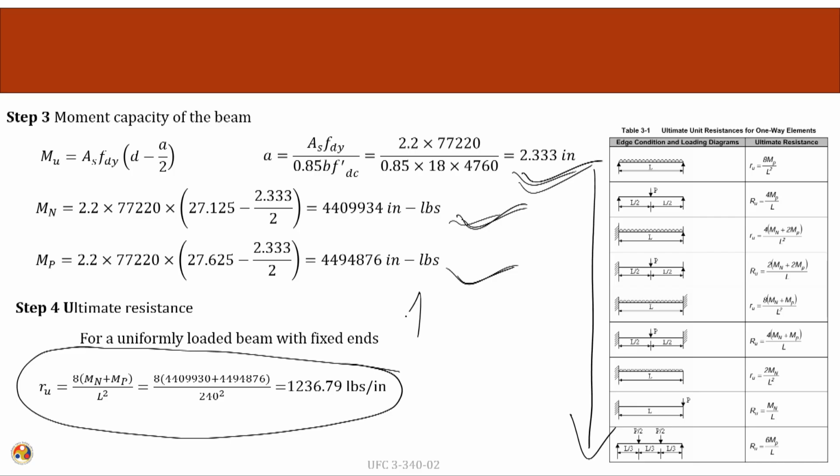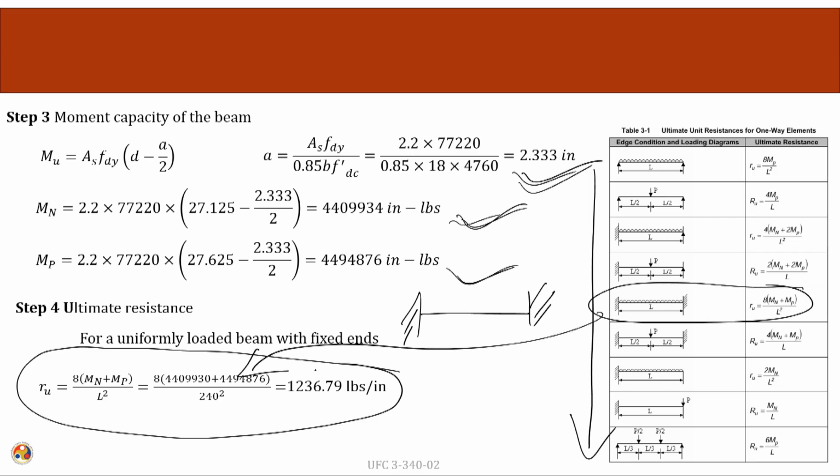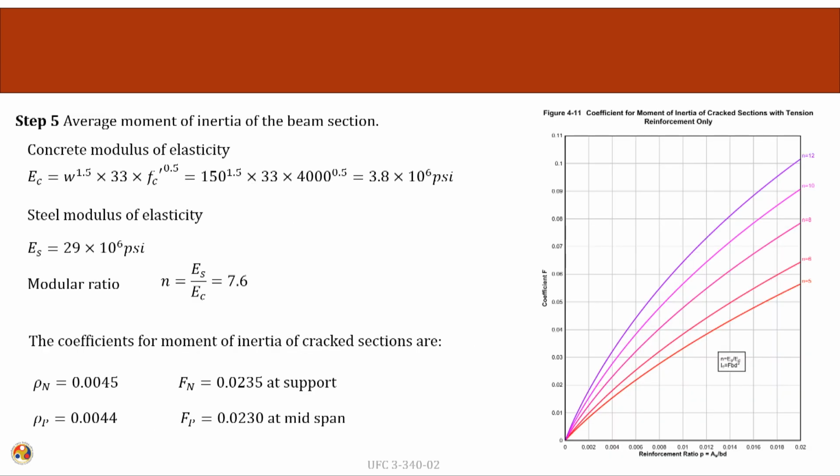In this particular case we are assuming a fixed condition. So, for a fixed condition, this is the case applied and this is being used here to calculate the ultimate capacity of my section. After that we calculate the modulus of the concrete.